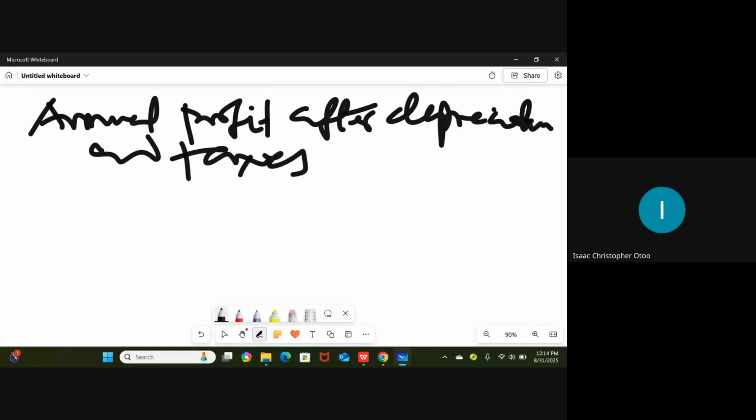So it means that if there are taxes and depreciation, you have to deduct all of them from the profit.